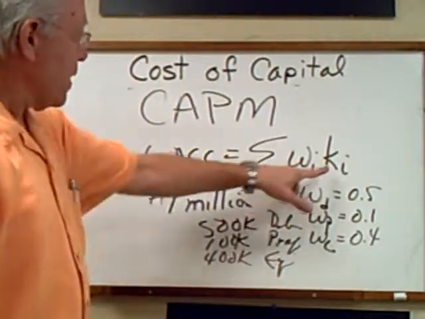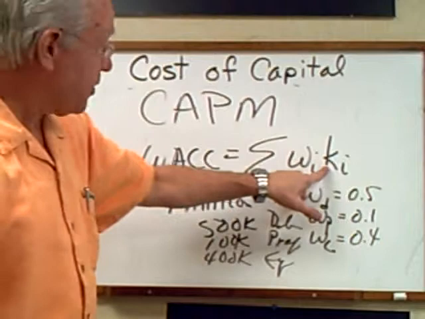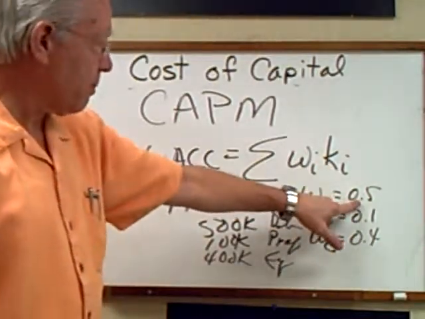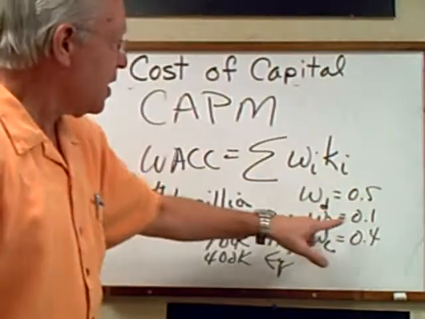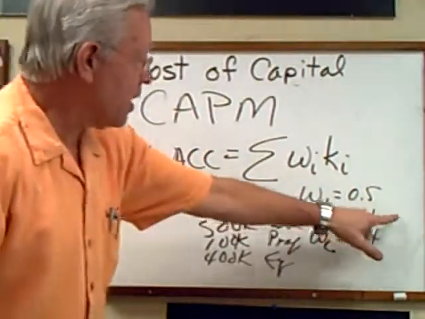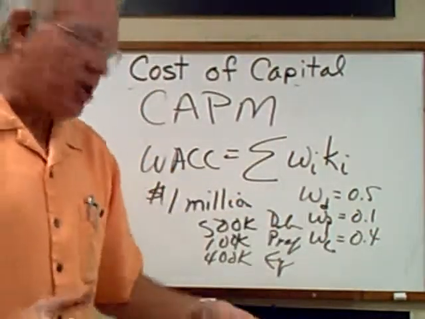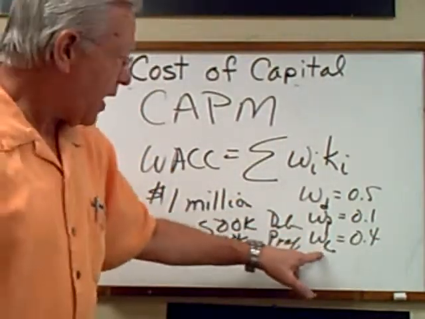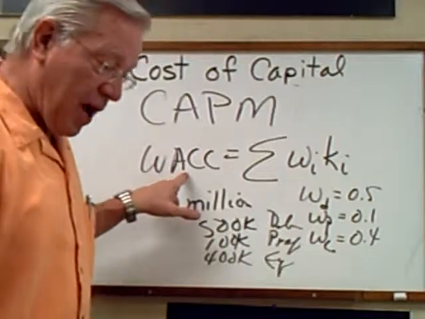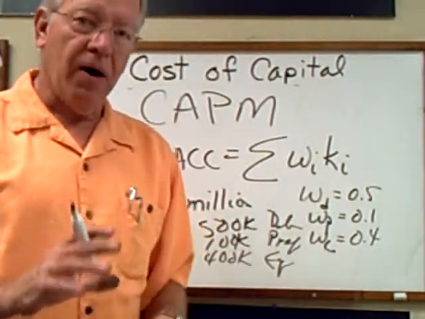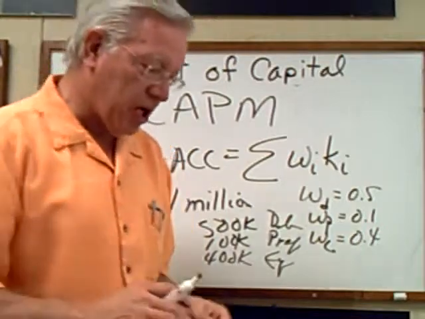And depending on what the various costs are that I determine, I would simply find my weighted average cost of capital by multiplying 0.5 times the cost of debt plus 0.1 times the cost of preferred plus 0.4 times the cost of common stock. That gives me a weighted cost of capital, which gives me my decision point on how to decide if a project is good.